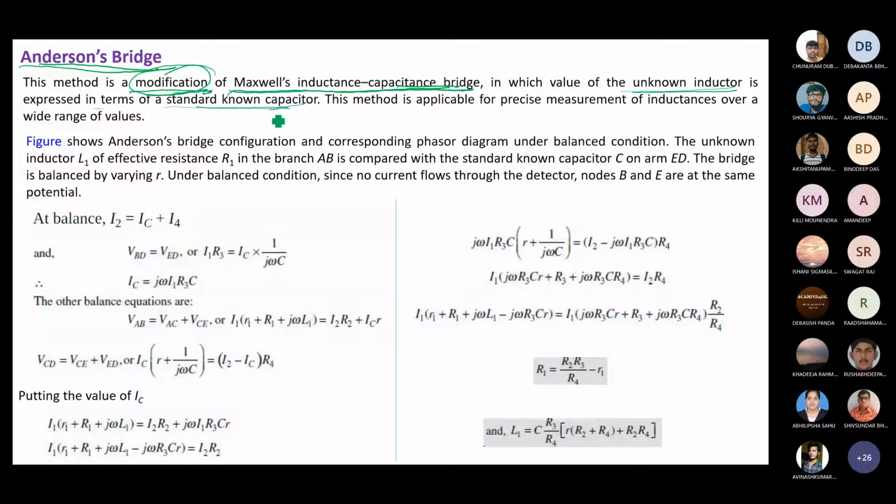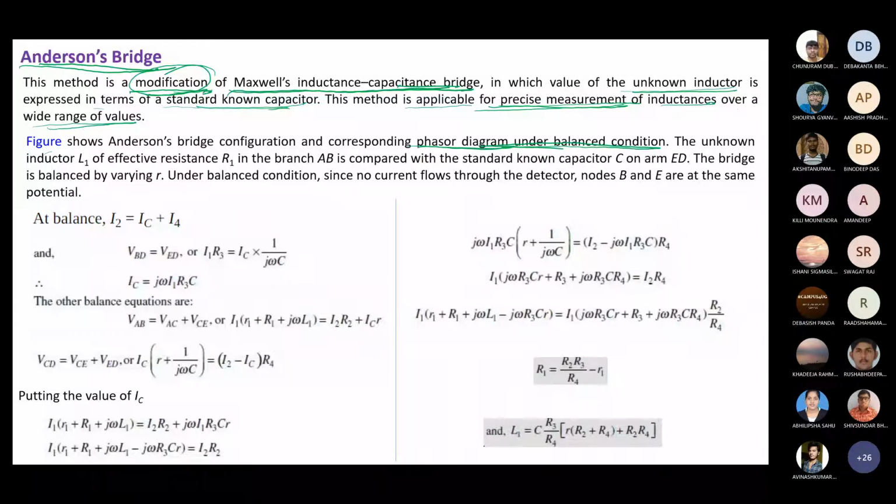This method is applicable for precise measurement, means accurate measurement of inductance over a wide range of values. So what is given in the figure: the Anderson bridge configuration and the corresponding phasor diagram under the balance condition. That phasor diagram I am going to discuss.